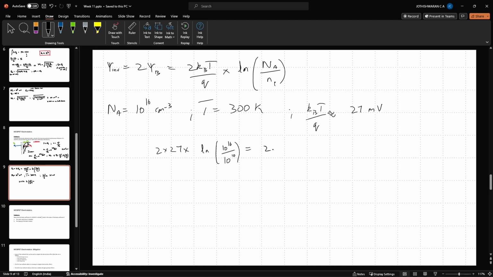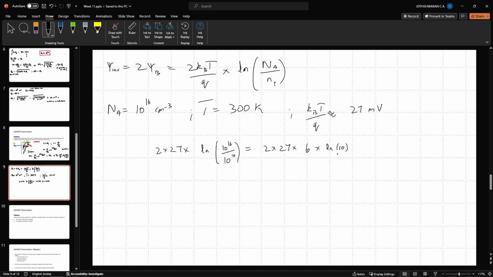So this is 2 into 27 into log of 10 to the power 6.